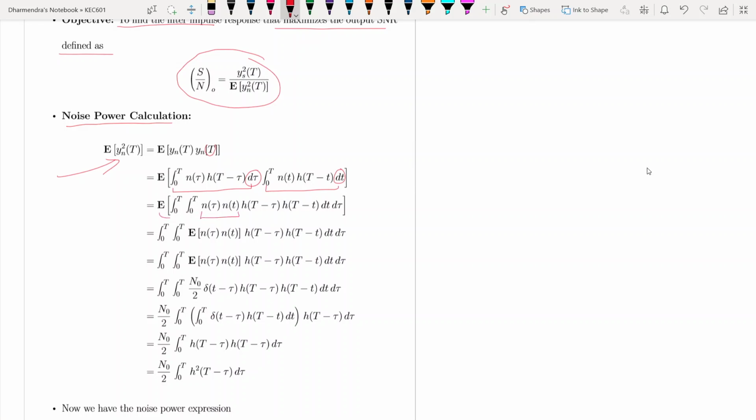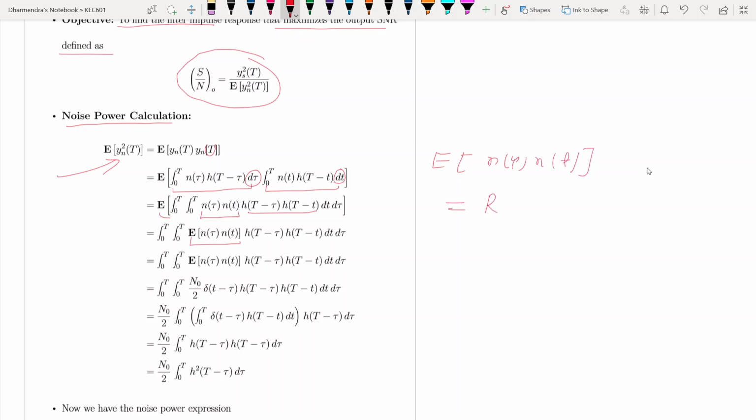The random part is the noise, so the expectation operator will work on this. This is a deterministic signal, so its expectation will be the same. So this is the expectation of n tau with n t.